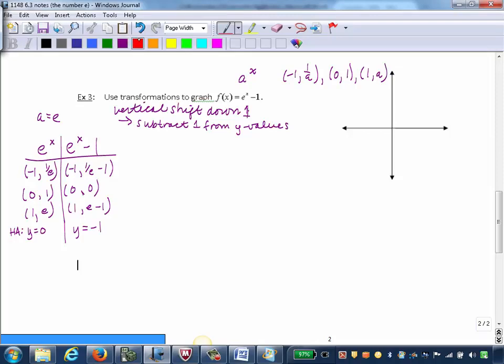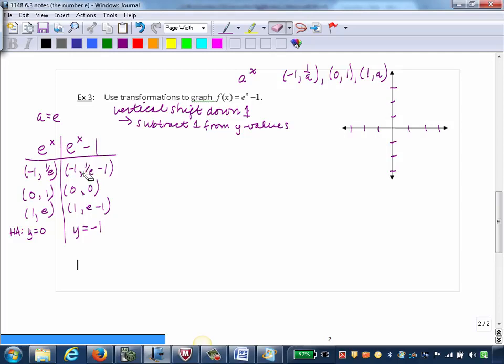So when we go over onto our graph, we'll sketch our axes here. I'm just going up 3 units each way, up and down, right and left. Now, when I go to sketch my key points, we know that 1 over e is approximately 0.4.